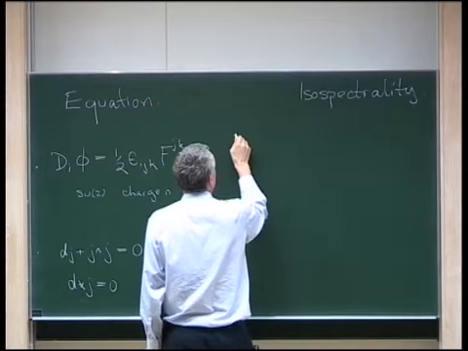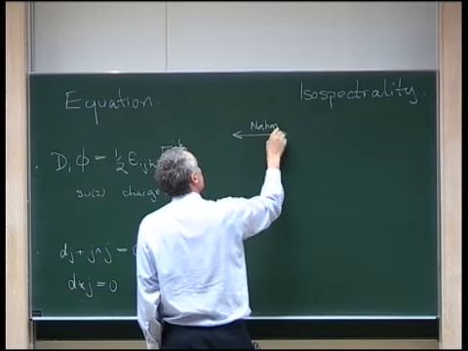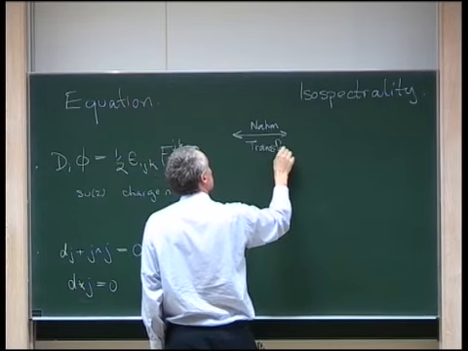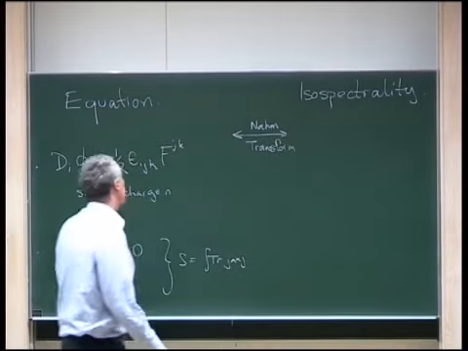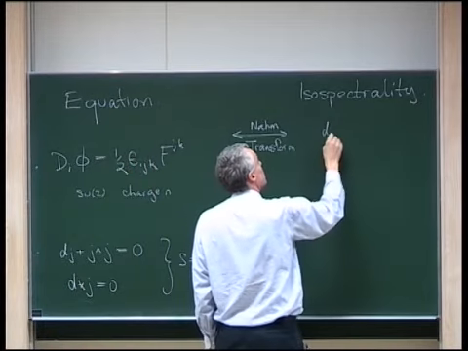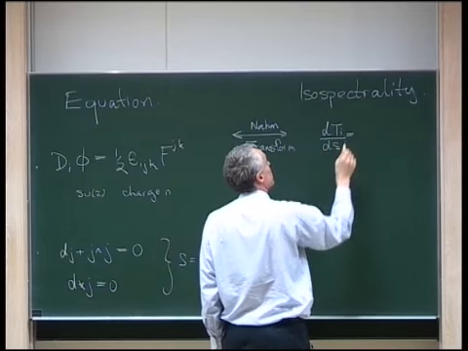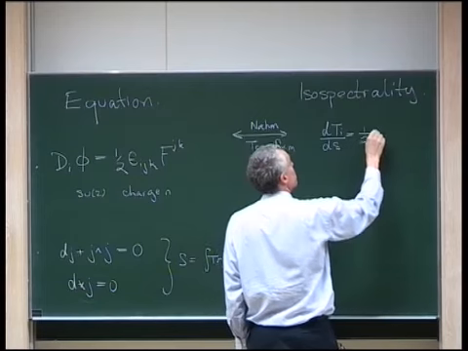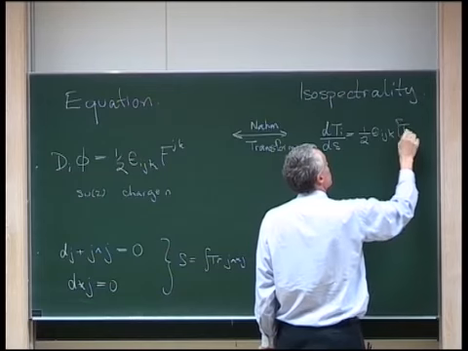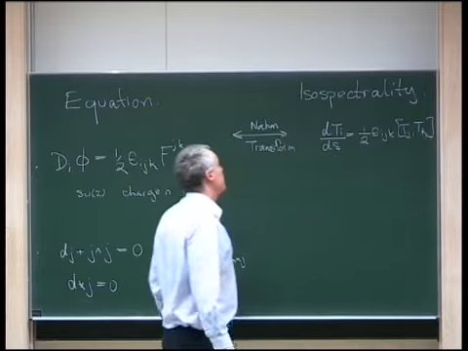So one of the highlights of the 80s was the Nahm transform that told us how we could construct these explicitly in terms of a set of coupled ODEs. So if you could solve these ODEs with the appropriate conditions I'm going to give you, then you would be able to reconstruct a monopole.